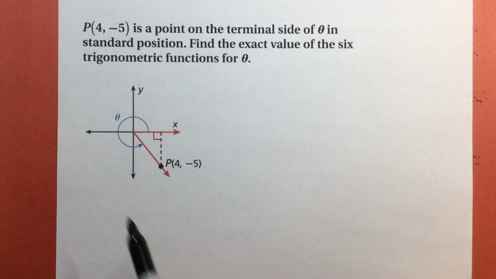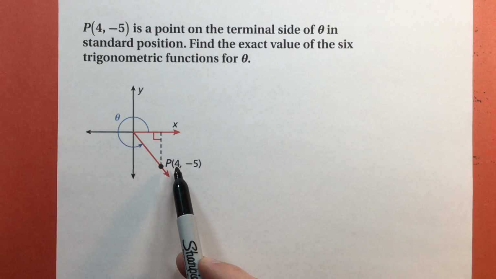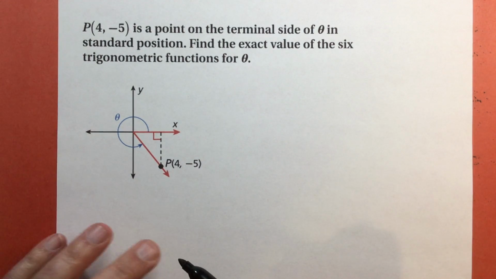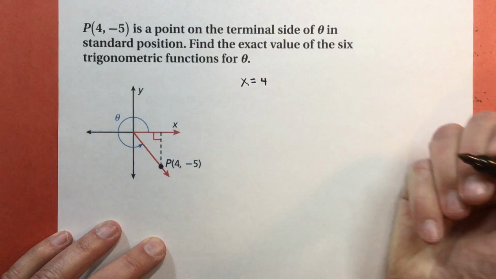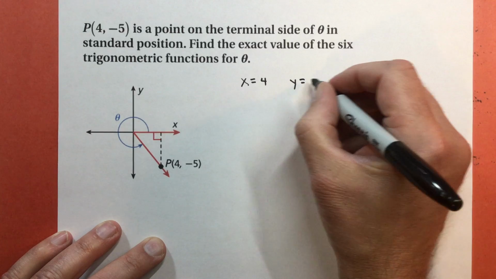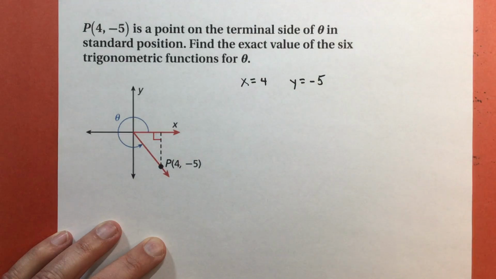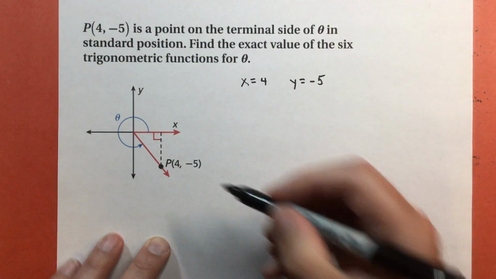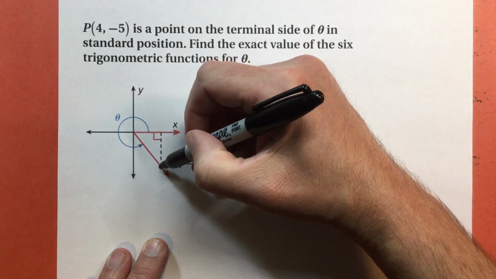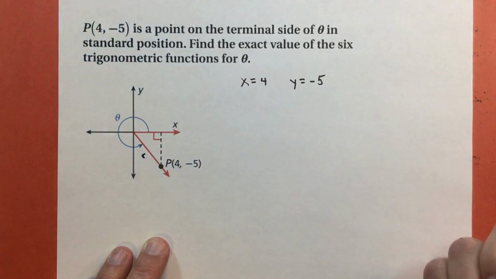But I know that the terminal side goes to the point 4, -5. So that tells me that x equals 4 and y equals -5. Now those are 2 of the 3 things that I need. What I now need is the distance from here to here, which we're going to call r.